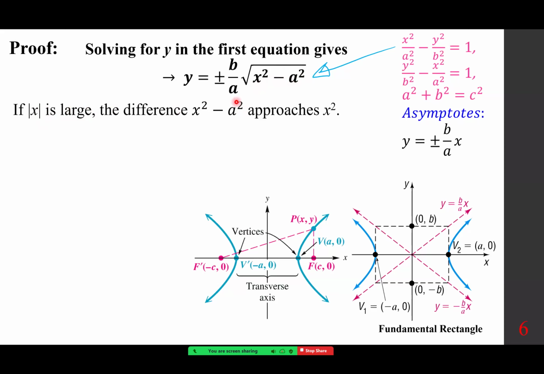And this expression, x squared minus a squared, approaches x squared. This is the concept known as limits. We will discuss it in more detail in later courses. So in short, when x is extremely large or extremely small, x squared becomes so large that minus a squared has no meaning. So we get plus or minus b over a, and the square root of x squared becomes x.